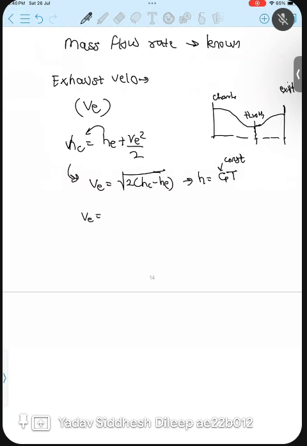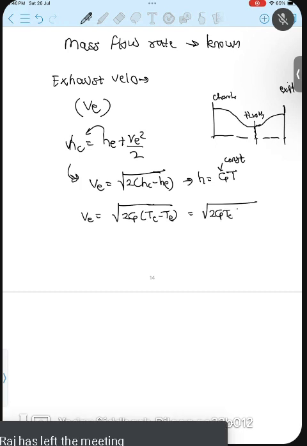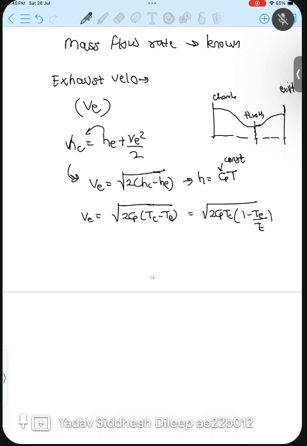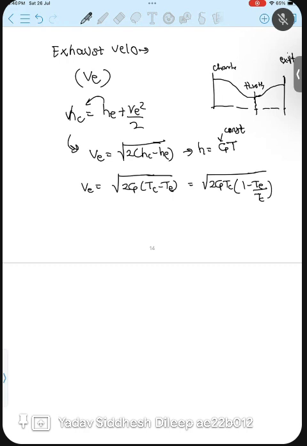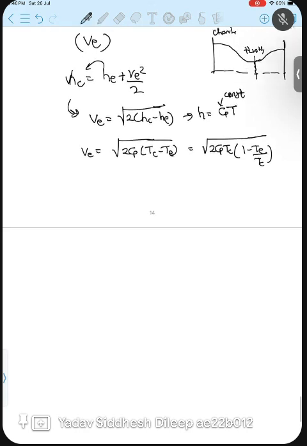So V exit equals the square root of 2 Cp (Tc minus Te). Take the Tc term common: root of 2 Cp Tc times (1 minus Te by Tc). Most of this is based on the previous lecture, because the derivation is continuing.